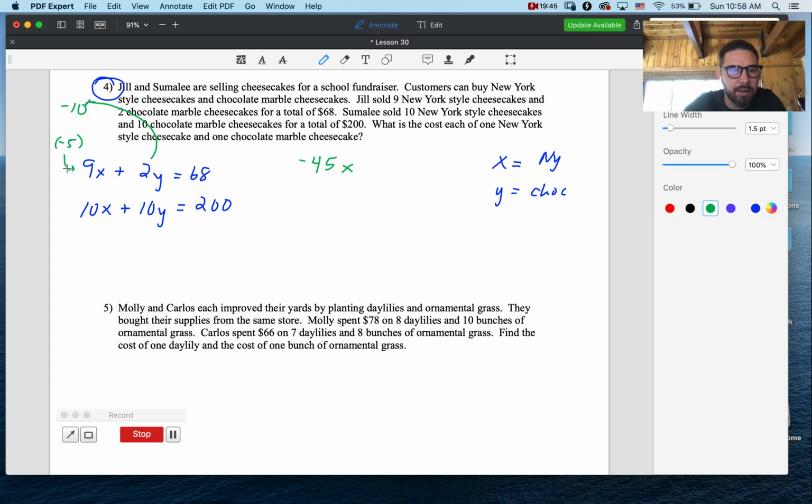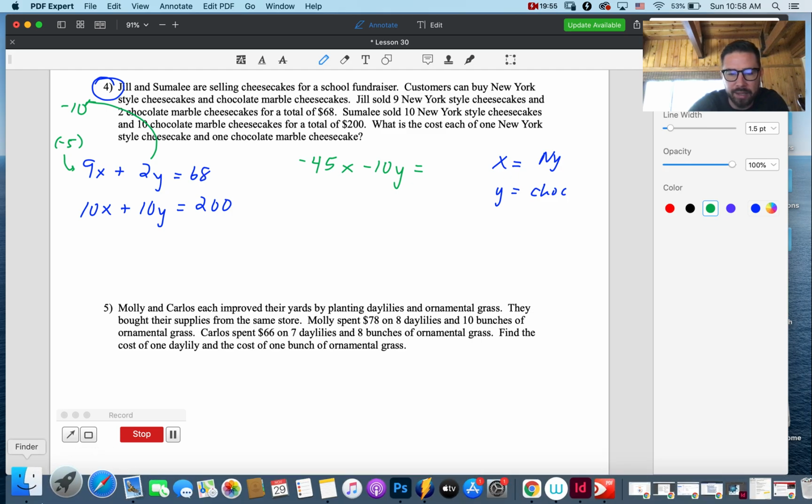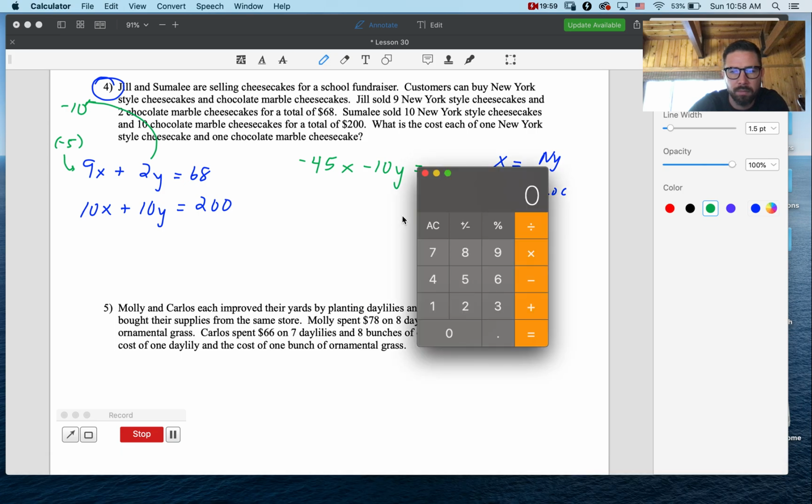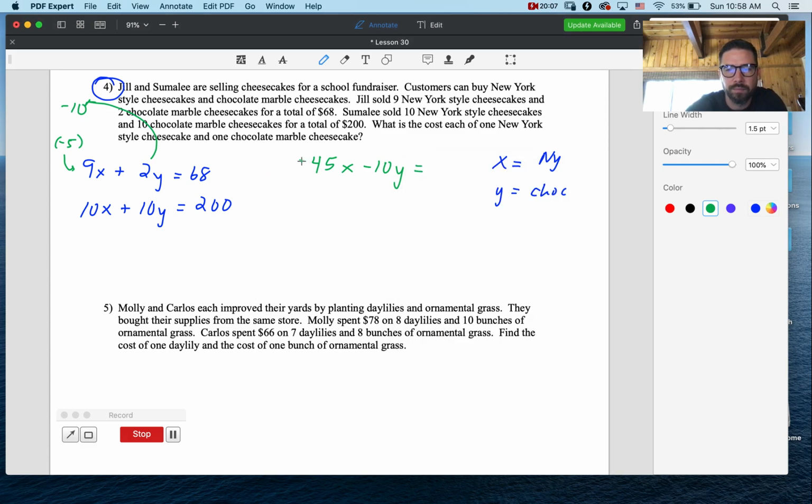And then negative 5 times positive 2 is negative 10y equals, let's do it over here, negative 5 times 68, I don't want to make any mistakes, negative 5 times 68 is negative 340.